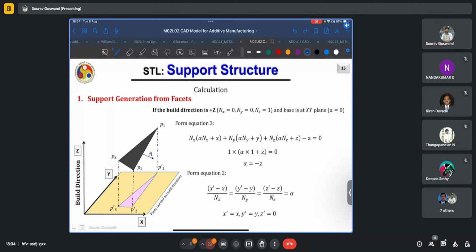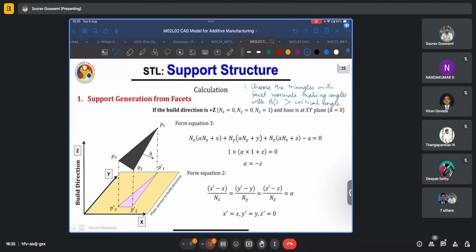First, we choose or find the triangles with facet normals making angles with the build direction greater than the critical angle needed, beyond which supports are required.